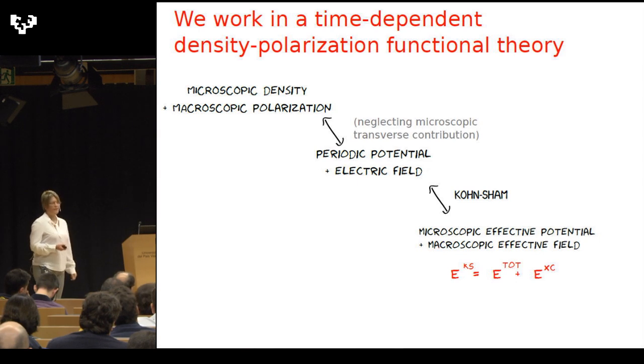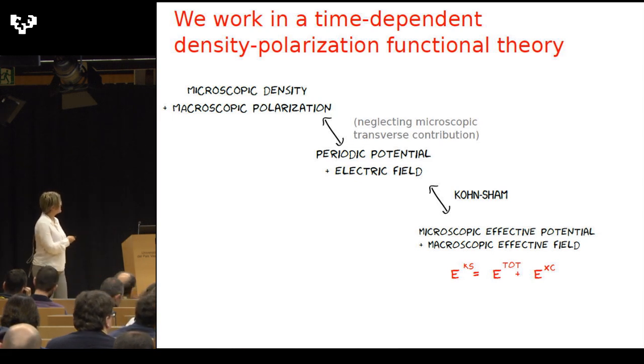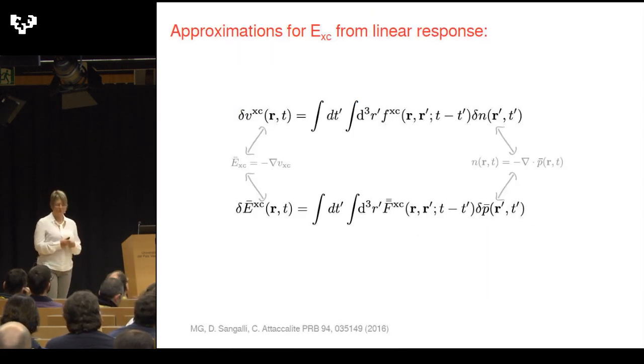And then when we are in the Kohn-Sham method, we have not only a microscopic effective potential, but also a macroscopic effective field. And that, of course, is the total field plus an exchange and correlation part. And this needs to be approximated, like the exchange and correlation potential. And since we didn't have any better idea, we just go to the approximations that exist in linear response.